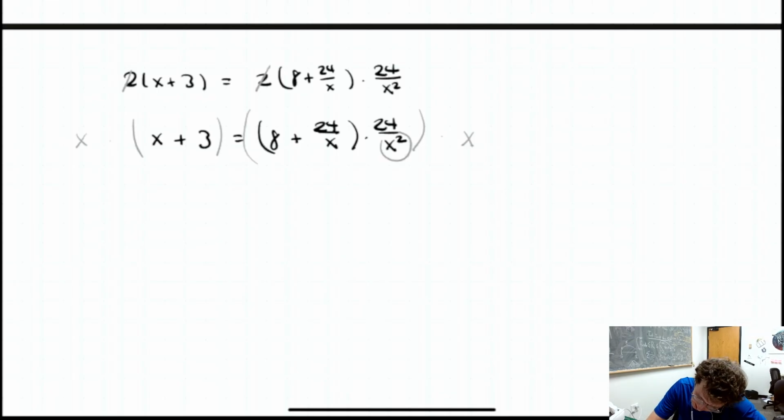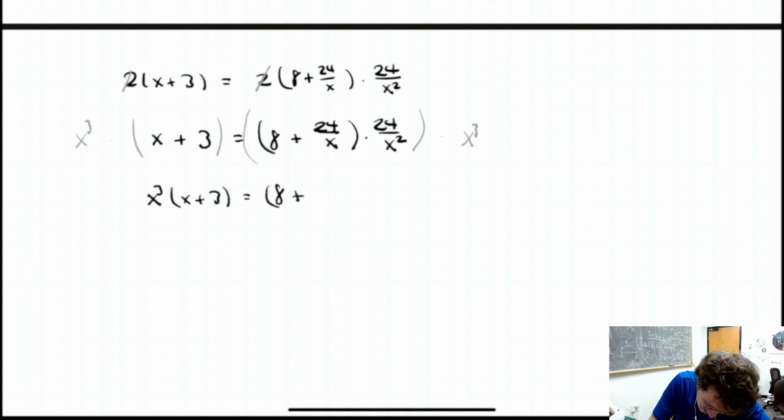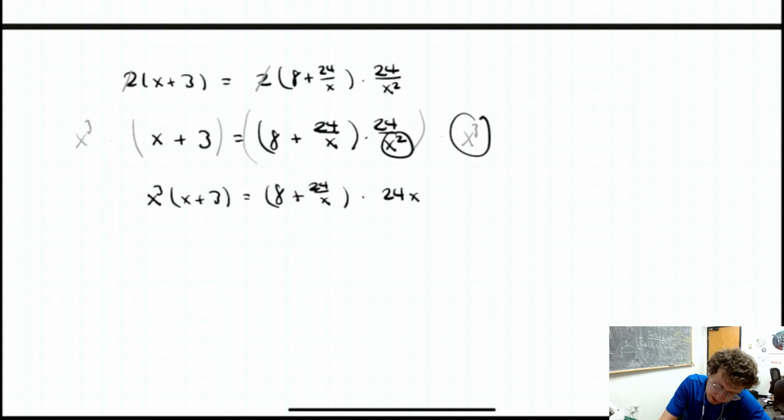On the left side, I'll need 2 to knock this out, but I still will have 1 more x in that denominator, so it'll actually take 3 x's to get the job done. So here I'll be left with 8 plus 24 over x times 24x. I took 2 of these 3 x's to cancel out that x squared, and that just leaves this 1x.